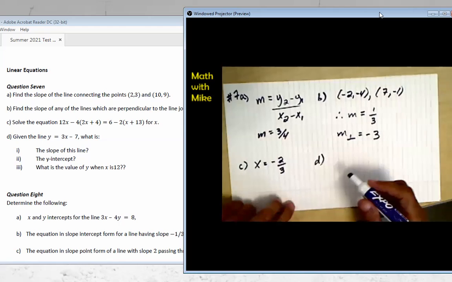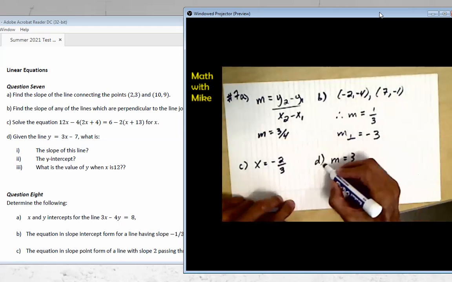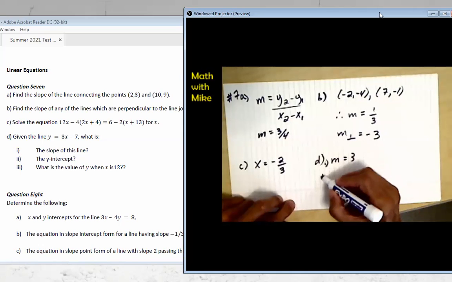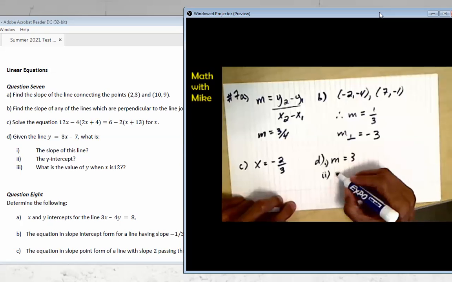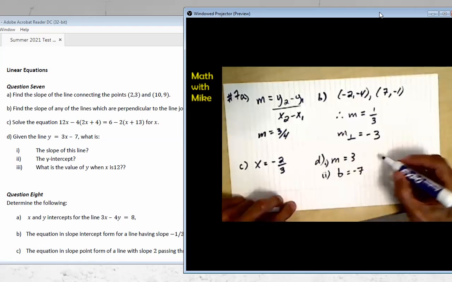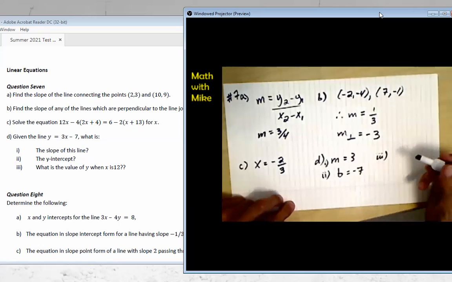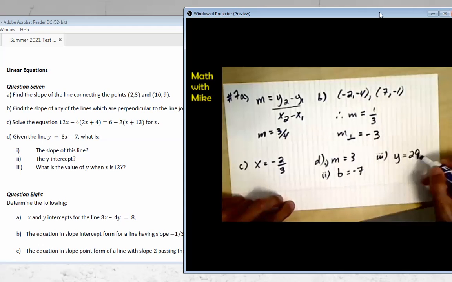Well, the slope is equal to 3. That's the m part. The b is equal to the y-intercept. So that's -7. And then the last part, you just plug it in. That is, plug 12 in for x and work it out. And you get y is equal to 29.